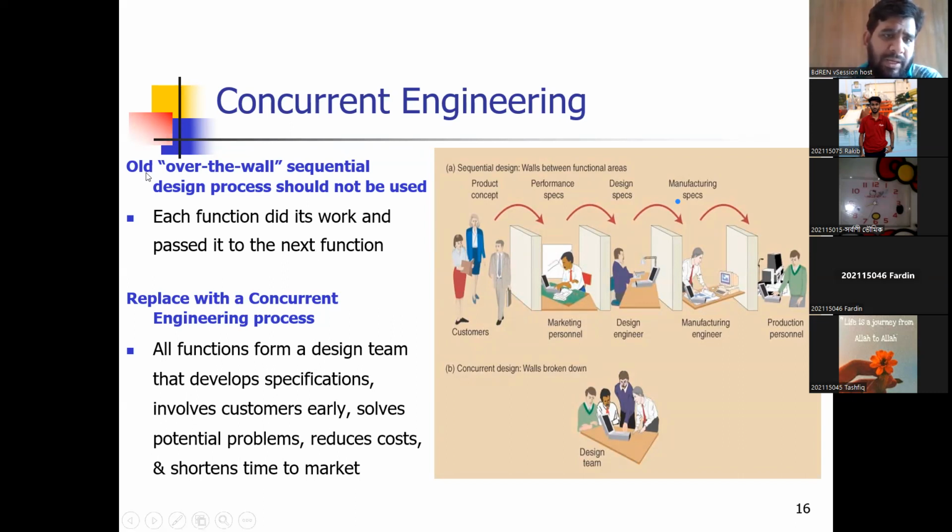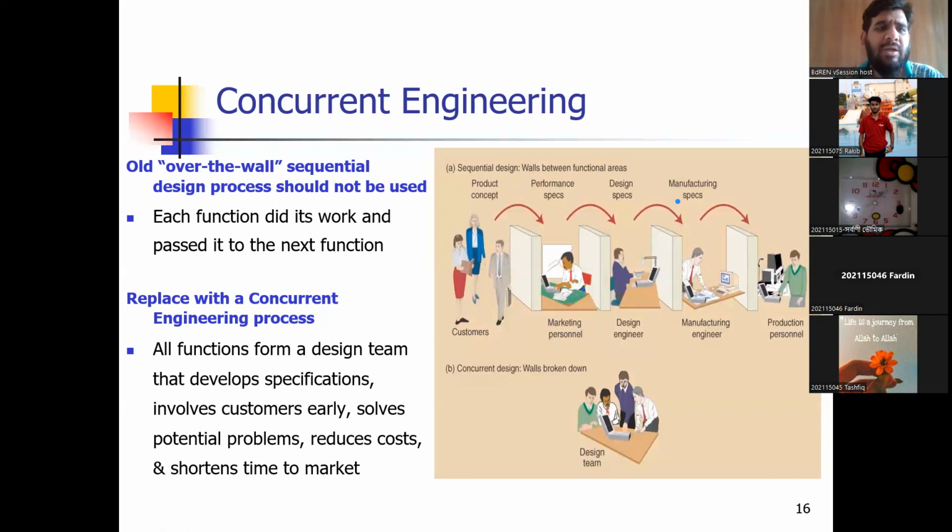What is the word used there? Over the wall. The old over-the-wall sequential design process should not be used. That means the over-the-wall process in different rooms: the cutting section is one room, the sewing section is another room, the finishing section is another room. This should not be. Concurrent engineering means you are producing a product sequentially in the same flow.